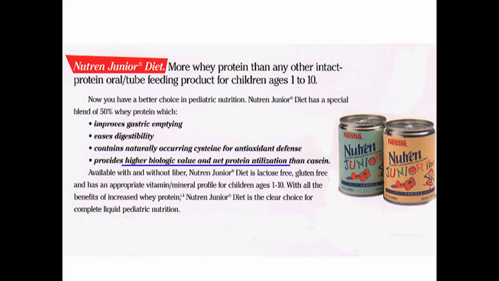This is a label that just shows you why this comes up clinically. I didn't talk about net protein utilization. That's another concept that you'll see in textbooks, but providing higher biologic value. This label probably had something about what percent nitrogen was in the formula as well. So these labels will show these kinds of things.